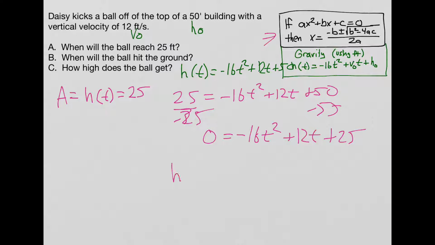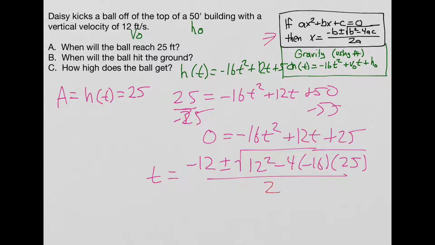And we'll get the time equals the opposite of b plus or minus the square root of b squared minus 4 times a times c, all over 2a.